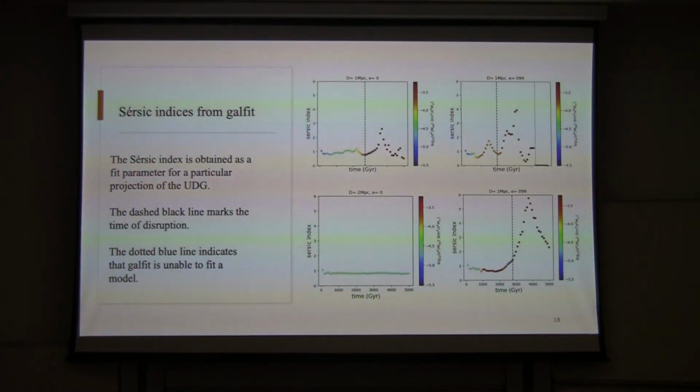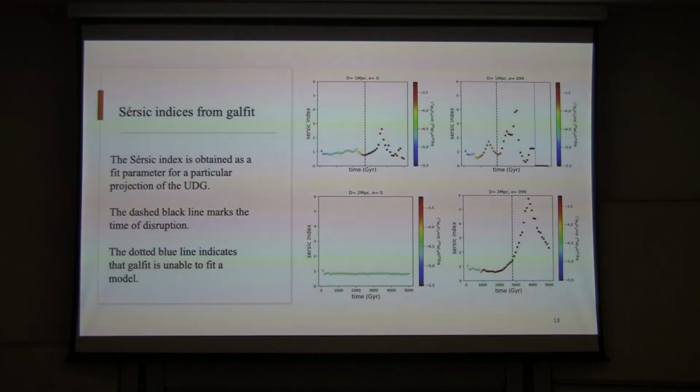They go high, but I will show you how the velocity dispersion goes. After a point, the Sersic indices are unreliable. For example, at this line here, Galfit does not fit anymore, it just gives errors.